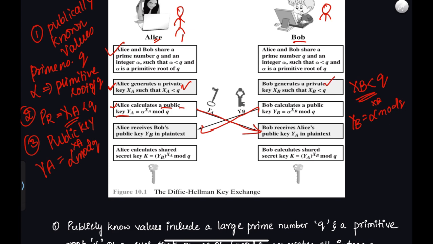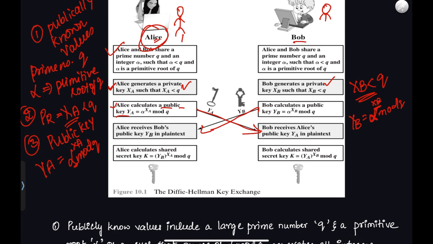That's what we have seen here, alpha power XB and alpha power XA. These two are privately known. These two are privately selected by the person who is in charge of that particular operation. So in order to generate Alice's public key, we should know Alice's private key. Only after knowing Alice's private key will we be able to generate Alice's public key, and the same holds for Bob also.